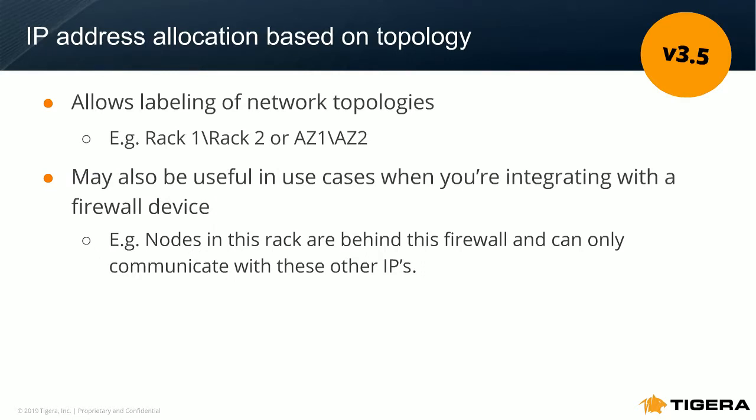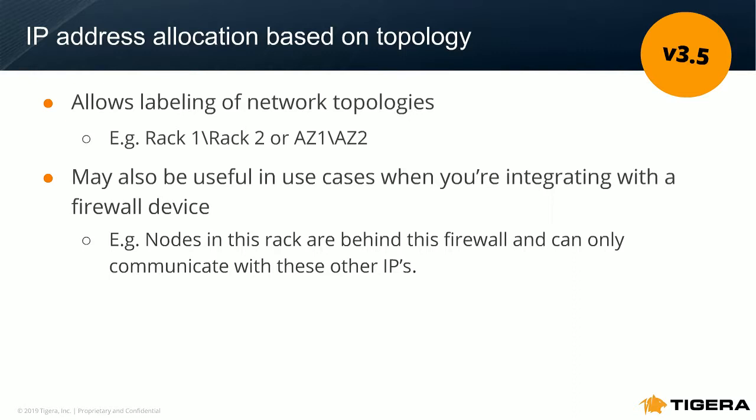So moving right on, a version 3.5 feature is IP address allocation based on topology. So for example, if you have multiple racks, or if you're on AWS or a cloud provider and you have this notion of an availability zone, it may be useful to assign IP addresses based on the topology, right? And this may be useful in cases where you have a firewall.